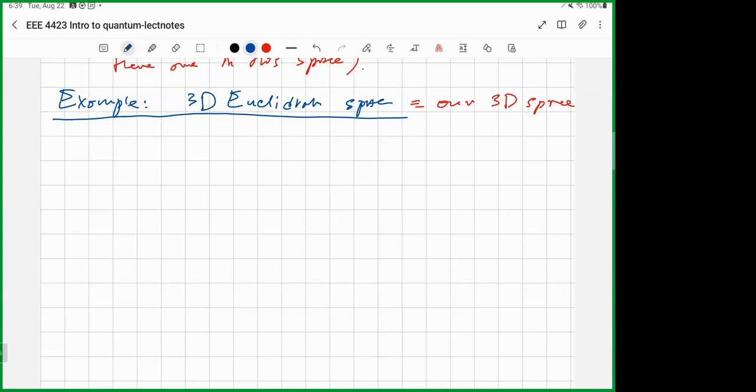So there are three different linearly independent directions. That's why we need this concept of linear independence. So we have three linearly independent directions in our 3D space.